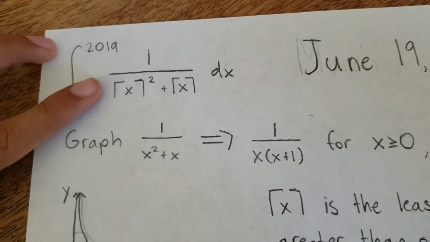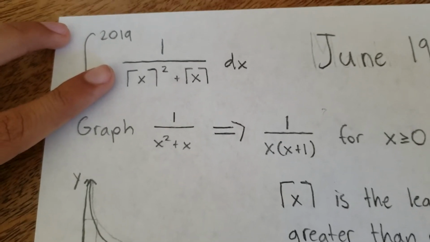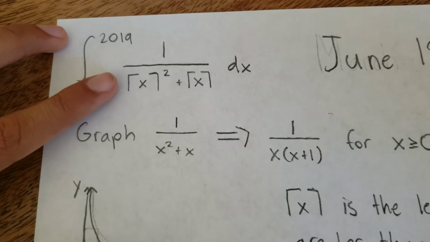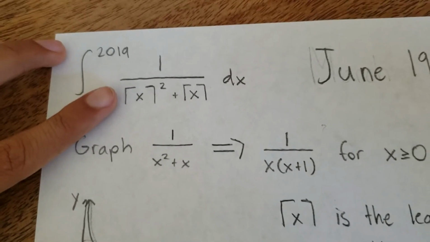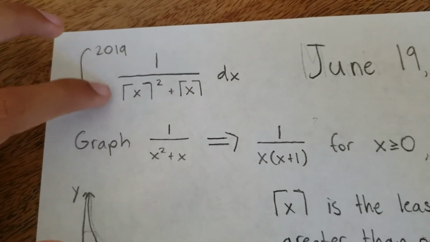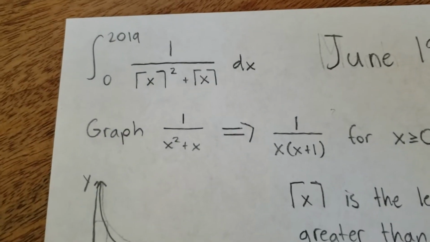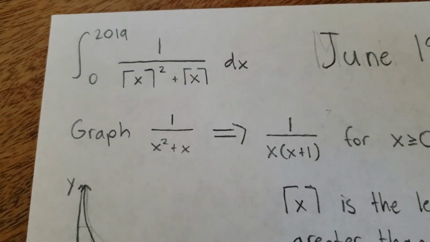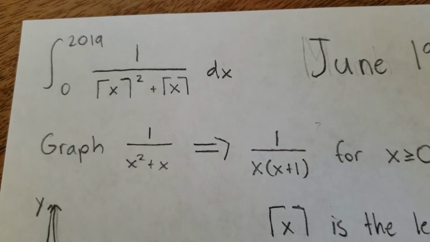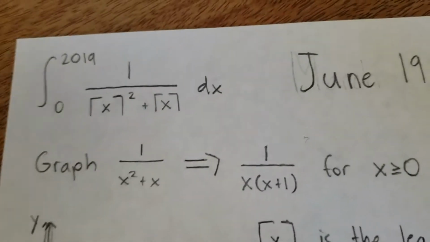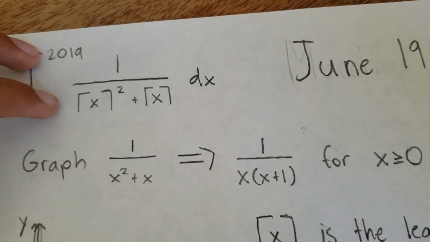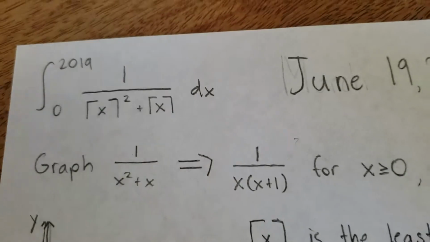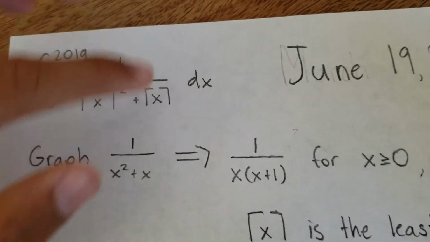To graph this, we just have to take any value between two integers to find the value of this expression for all x between those two integers. For example, between x equals 0 and x equals 1, the ceiling function of x always rounds the number up to 1. So our expression is just 1/2.